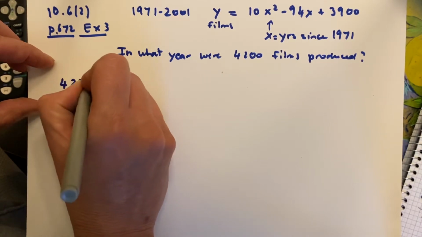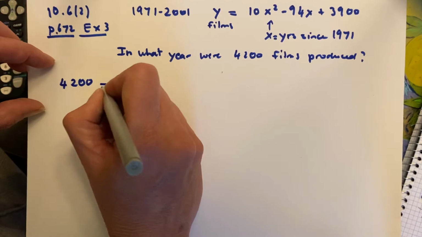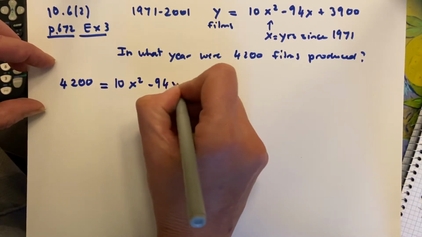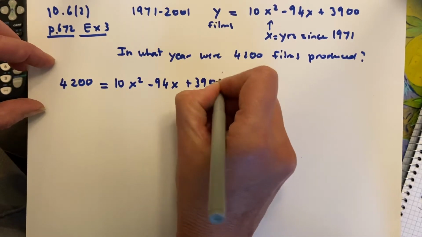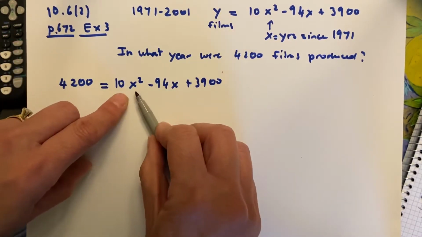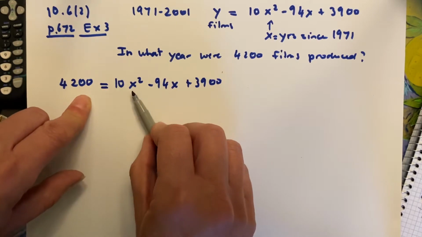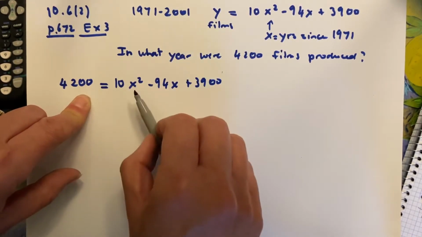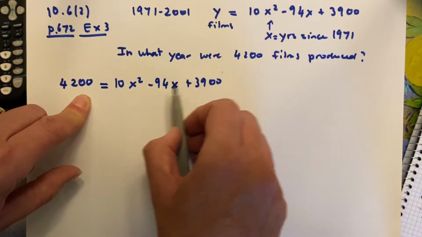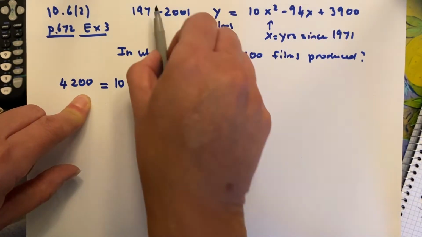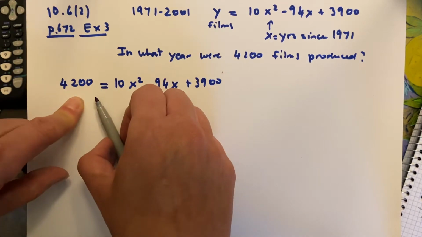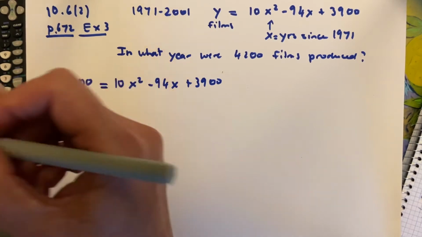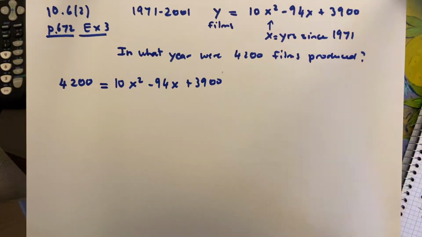So 4,200, I'm subbing in for y, equals 10x squared minus 94x plus 3,900. I'm doing this because when I solve for x, I will know how far from 1971 that year was. If I get a year of 1 or 2 or 3, I will know what year 4,200 films were produced.